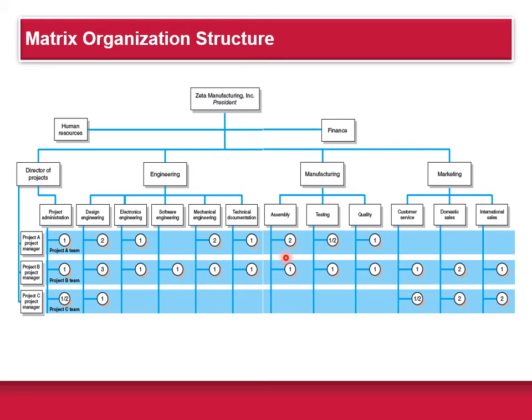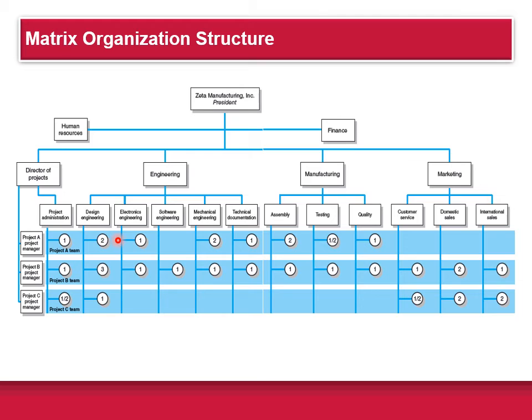So here you see manufacturing, you got 2 and 1.5. So you got 3.5 people for manufacturing, and you have 1, 2, 1, 2, 1. So you got 6 people from engineering. That's the number of personnel that report to the Project A project manager.